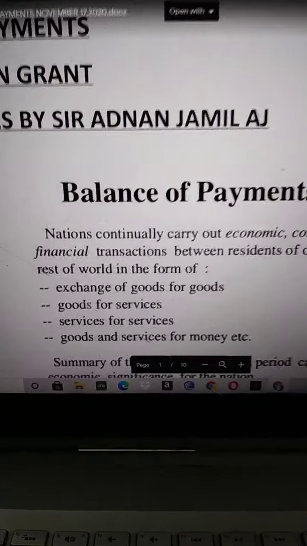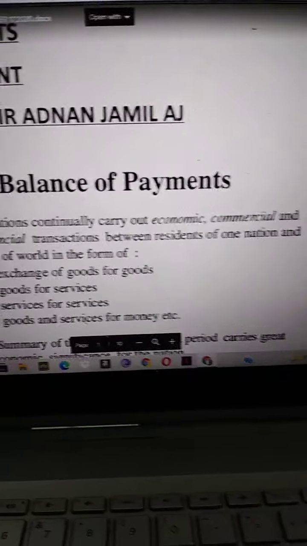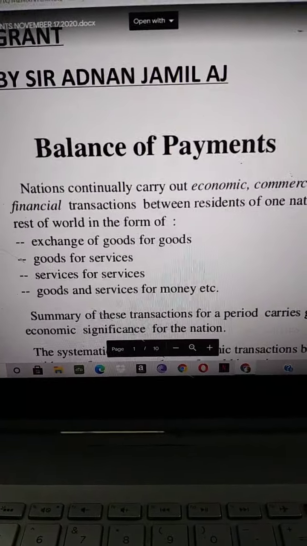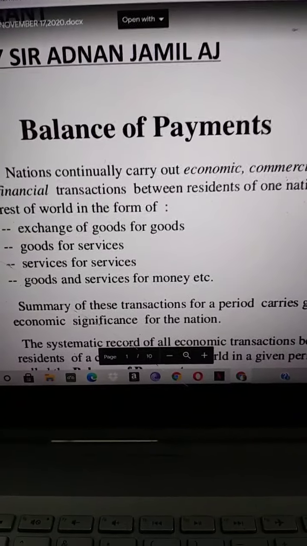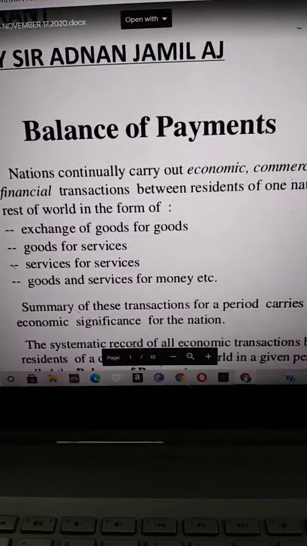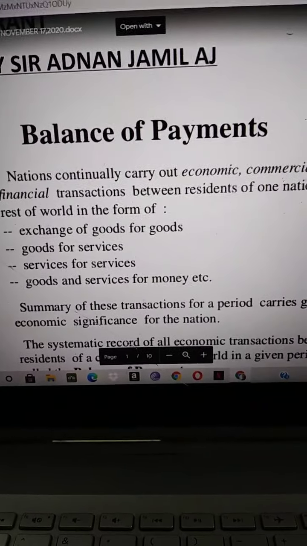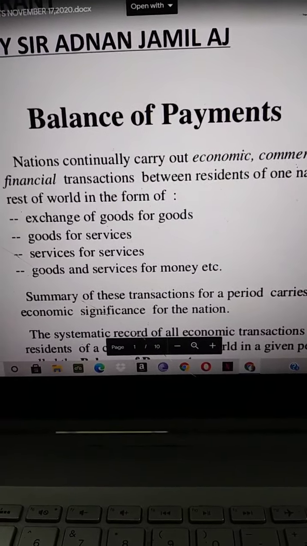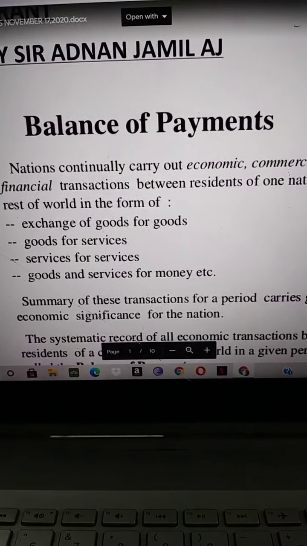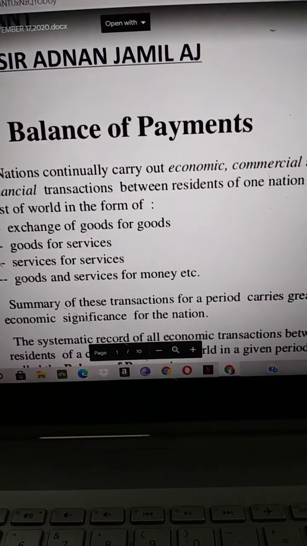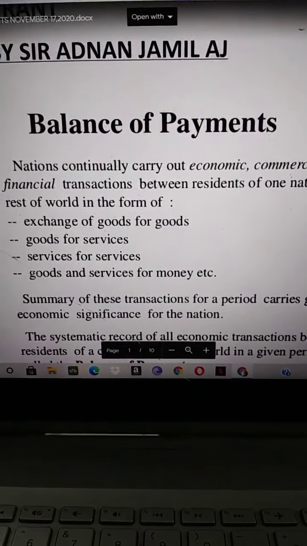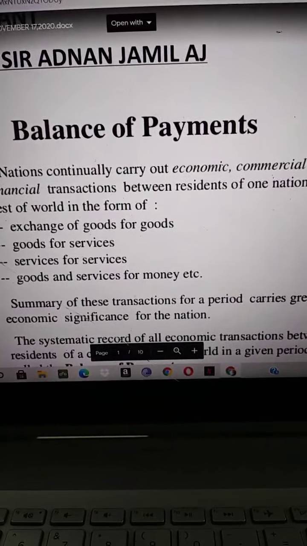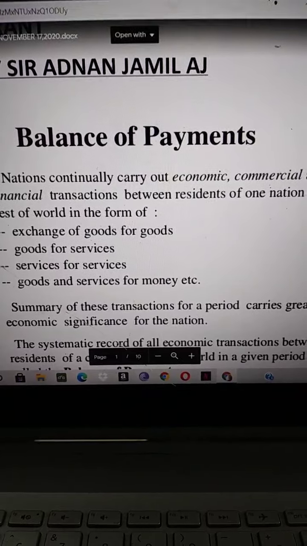Starting with the basic definition of the balance of payments, it is actually comprised of many things. For example, in the process of international trade, the country will do the transactions of economic, commercial, and financial nature between the residents of one nation and the rest of the world.